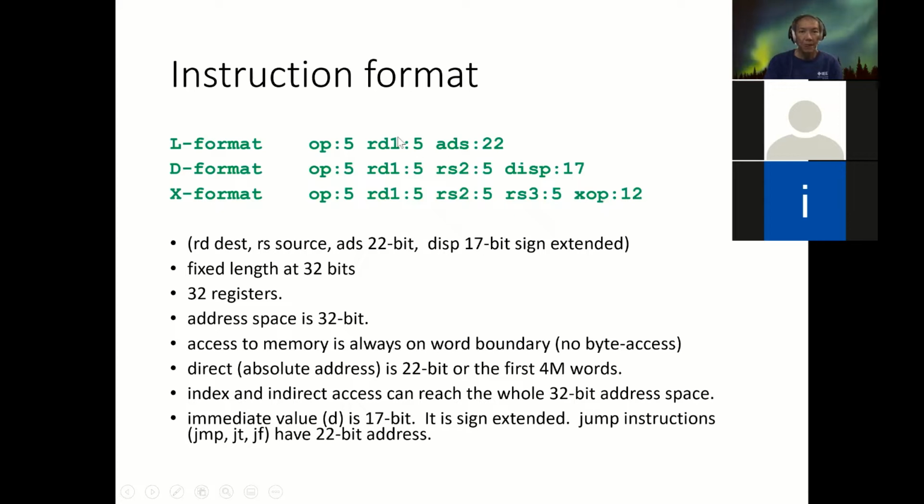Okay. Let's start with the first one. If this is the large format, we use 22 bits to specify the address. Therefore, we can directly access anywhere in the RAM, in our main memory, at 22 bits, or just 4 million.